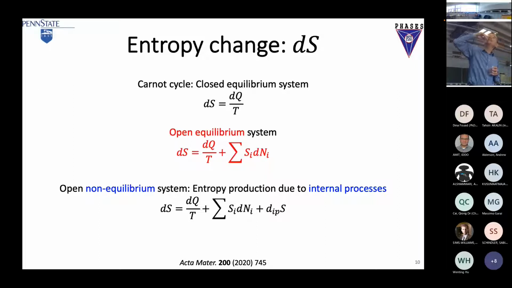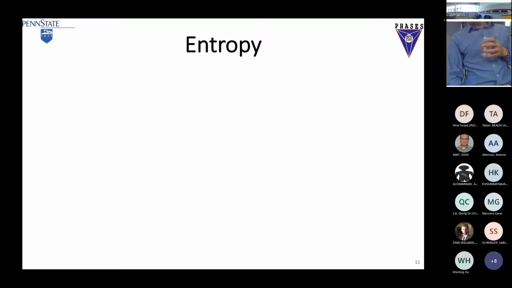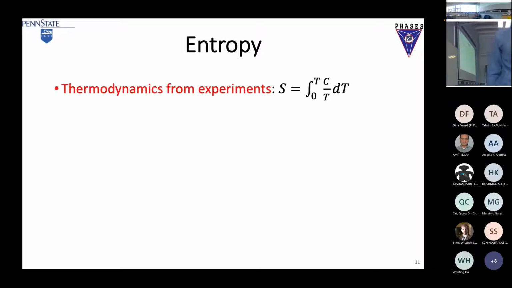Except for the last term, the second one, I think, is only discussed in my book, and it's very important for open systems. Now we want to get the total entropy. You do experiments, measure the heat capacity C, and get the total entropy by integration.